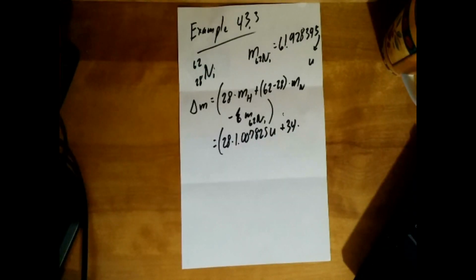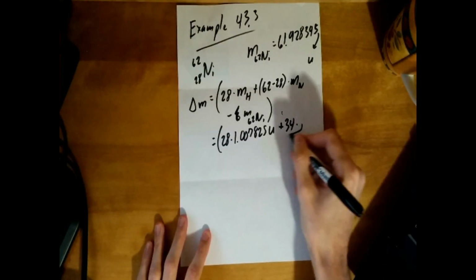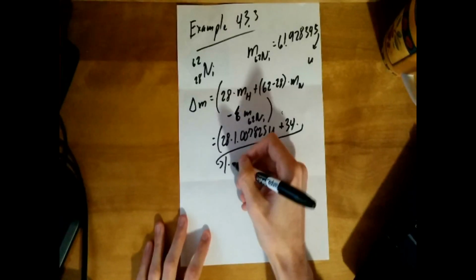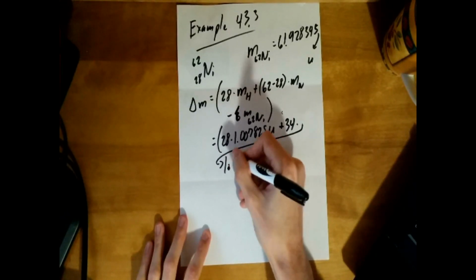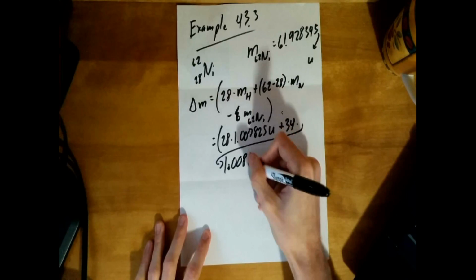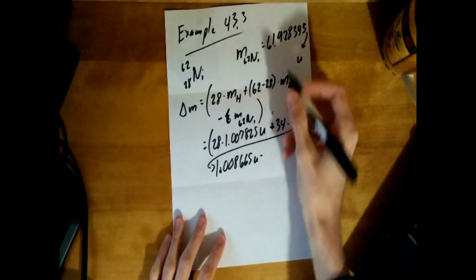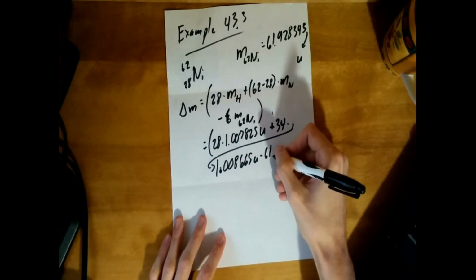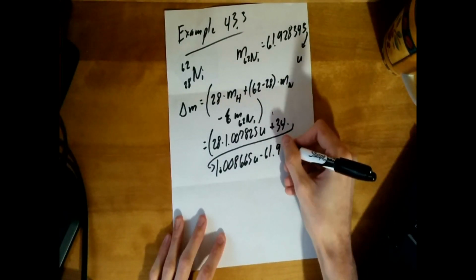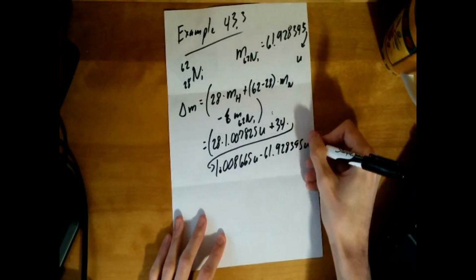So we are told that a neutron has a mass of 1.008665 times U. And next, the mass of this nucleus, 61.928395 times U.